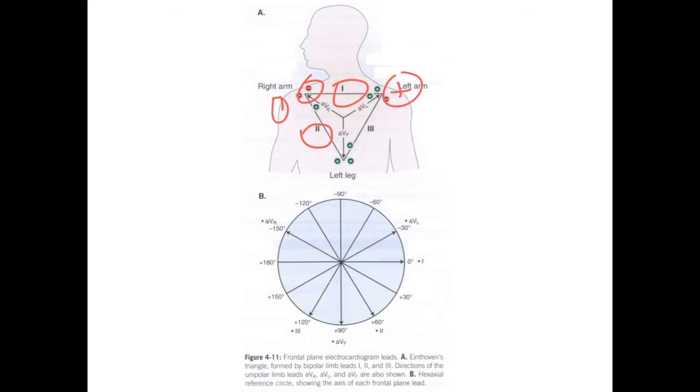And then lead 3 would be from the left arm to the left leg, the negative being at the left arm and the positive being at the left leg. And then you can see where AVR, AVL, and AVF each direction going in positive towards the right arm, to the left arm, and to the left leg.